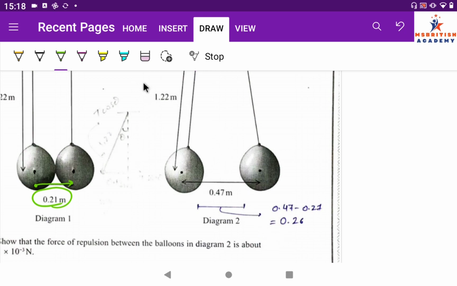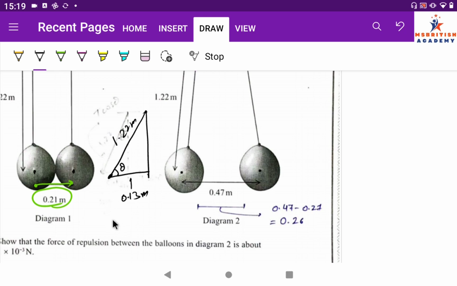So if we use the Pythagoras theorem here, we know this length is 1.22 meters, and this other length is half of this separation, so it is 0.13 meters, and we can find here the value of theta.